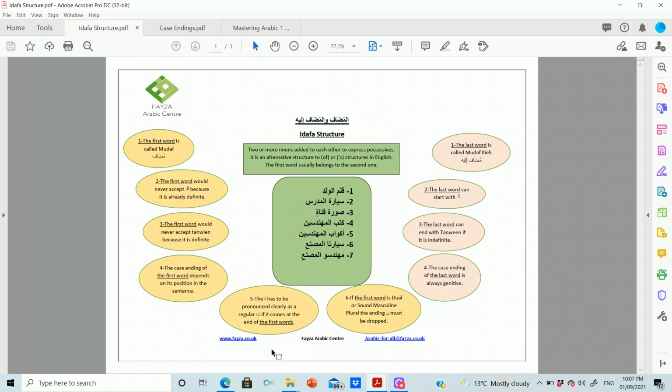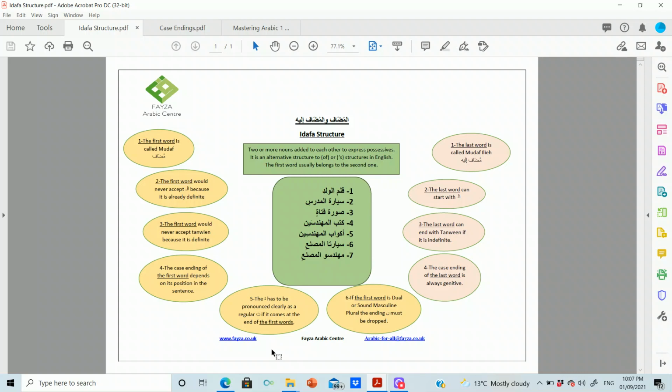So qalam here is a mubtada, so it's going to end with a dhamma. قلم الولد جميل. So the point is, the first word, depending on its position, could be nominative, accusative or genitive in the sentence. It's going to have its ending depending on its position in the sentence.